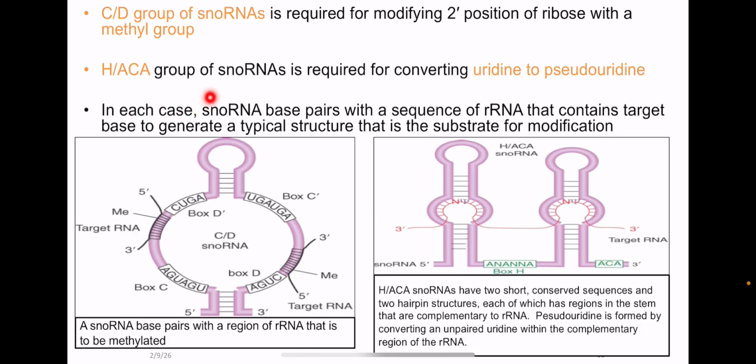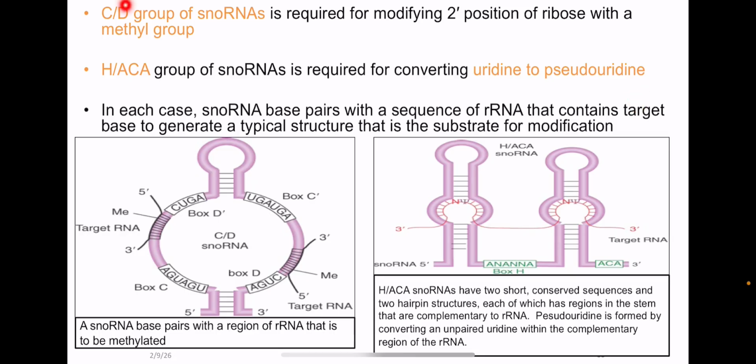There are other components of the snoRNAs like the H/ACA, or I call it HACA. The H/ACA group is made of two hairpin loops with two conserved sequences, the ANANNA and ACA. What it actually does is it binds to the rRNA, and any U that's not bound to anything will be converted to pseudouridine.